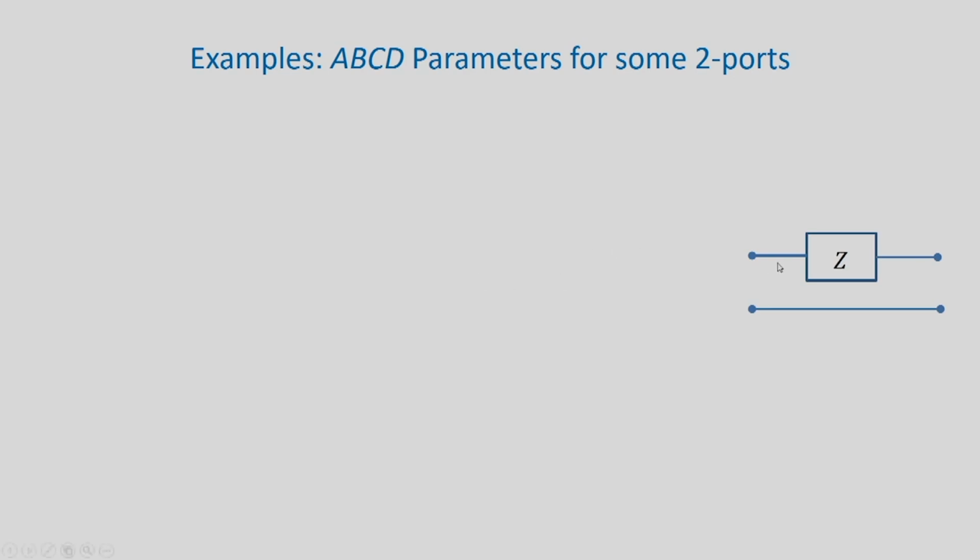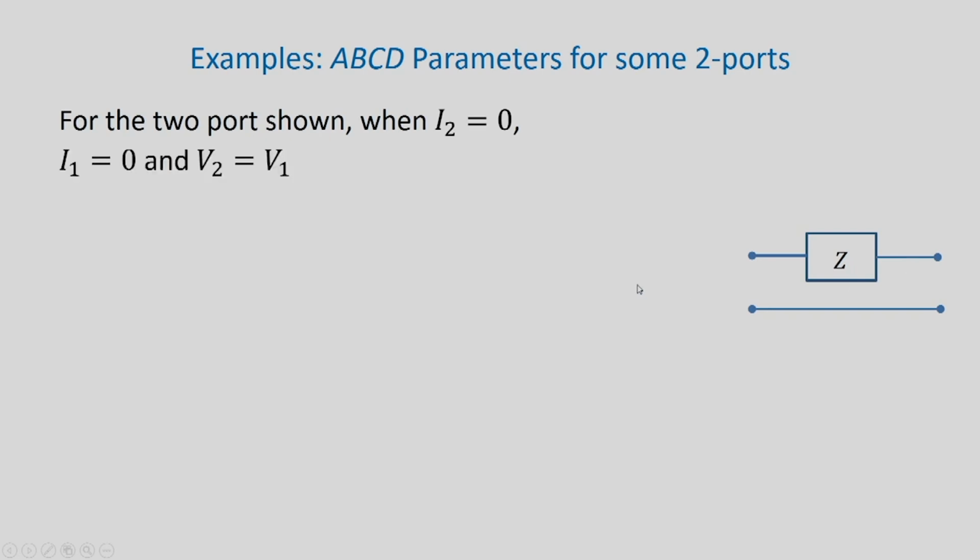Here we consider a very simple 2 port network where we have a single series element Z. So, this Z is an impedance element, and if we find the ABCD parameters for this type of simple 2 port, we find that when I2 is 0, in that case I1 also will be 0, because now an open circuit will be created here, and essentially V2 will be equal to V1.